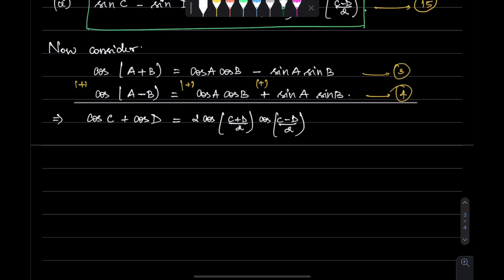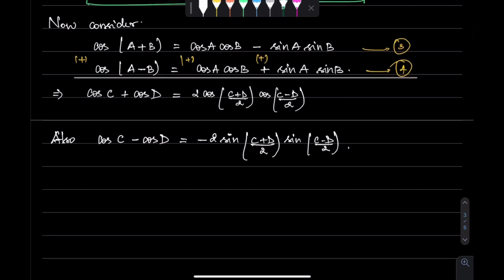So what if I subtract? What do I get? Can I say cos C minus cos D? If I do it accordingly, I get minus 2 sine. I hope you understand. If I subtract it, I think you all will agree with me. I get minus 2 sine C plus D by 2 sine C minus D by 2, children.